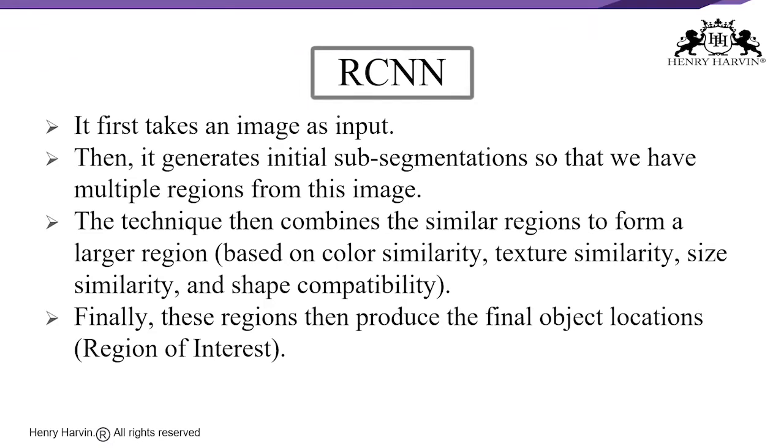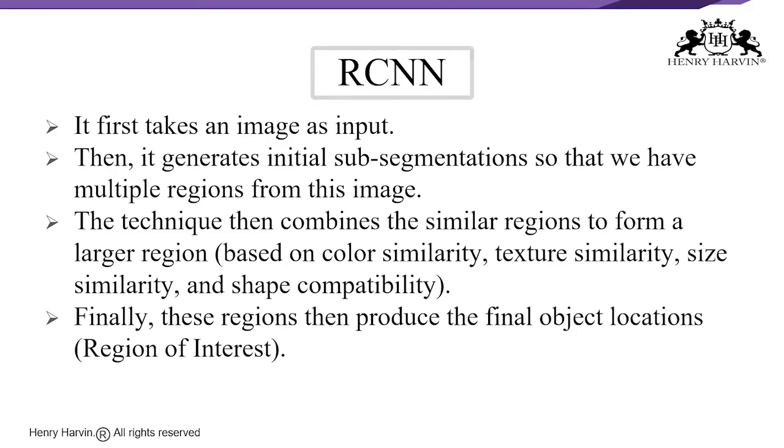The first step is that it takes an image as input. Once the input is chosen, it generates sub-segmentations so that we have multiple regions from this image. Then it combines similar regions into a larger region.